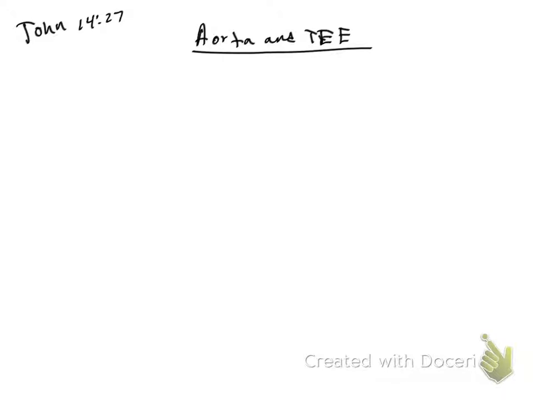Okay, so now with the transesophageal echocardiography, we can also visualize the aorta. You remember, as we were mentioning before, you have your esophagus here, so I'm going to draw your esophagus here.